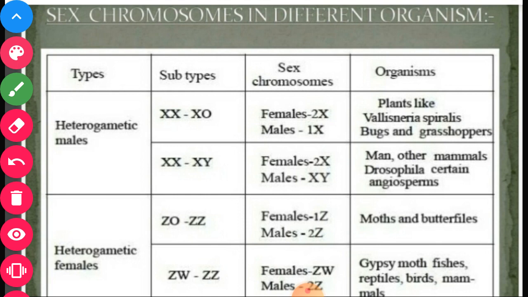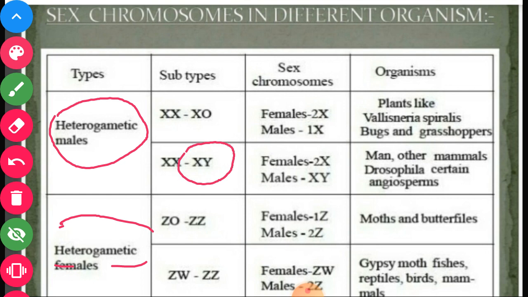The types are male heterogamety and female heterogamety. Male heterogamety is found in human also. See here, this is XY and here XO. This is male heterogamety because they produce two types of gametes.